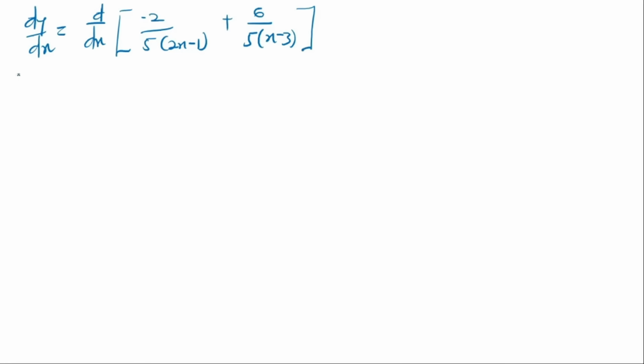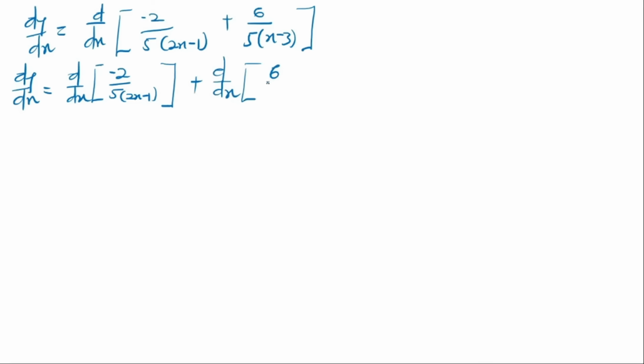Okay, so let's quickly solve this. So our dy dx is now equal to d dx of the function negative 2 on 5, 2x minus 1, okay, then plus d dx of the function 6 on 5 multiplied by what? x minus 3.